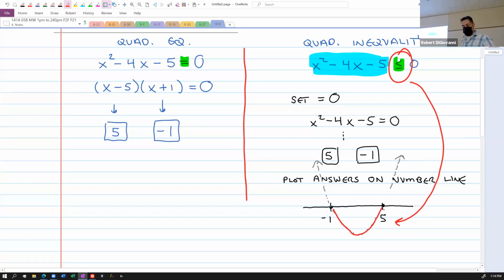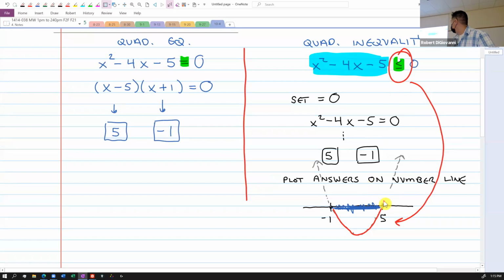And that happens when we are in this region between -1 and 5, right? Anywhere in here, if you plug in a value from that little interval, it's going to spit out a negative number below it. So my answer should be everything between -1 and 5, including -1 and 5, because again, we wanted to know where it was less than or equal to 0.